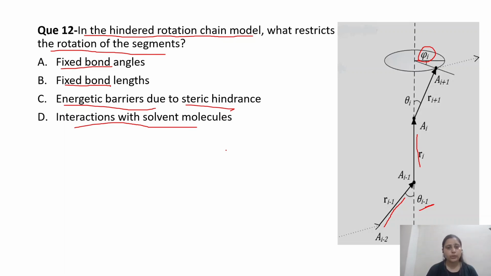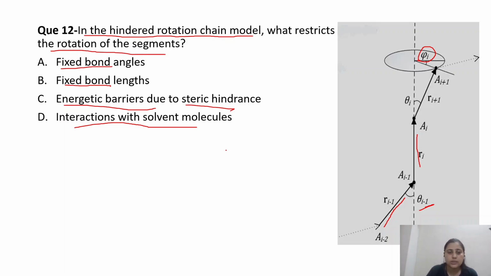So what do you think, which is the correct answer? It is a hindered rotation chain model in which something is hindered, right? So what is hindered? What is restricting? The chain rotation is restricted. The rotation of the segments is restricted in the hindered rotation model. So what is restricting that?